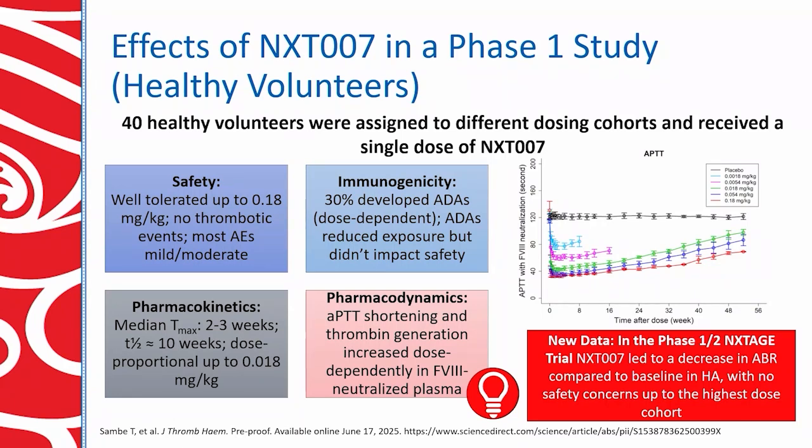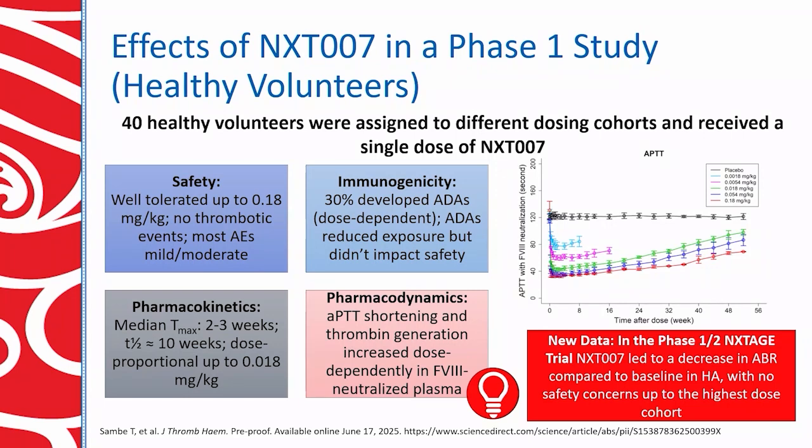However, this was a dose-dependent effect and did not impact safety. And you can see on this curve that an APTT shortening was observed with increasing doses of NXT007. Also an increased thrombin generation, which is not shown on this slide, could be observed.